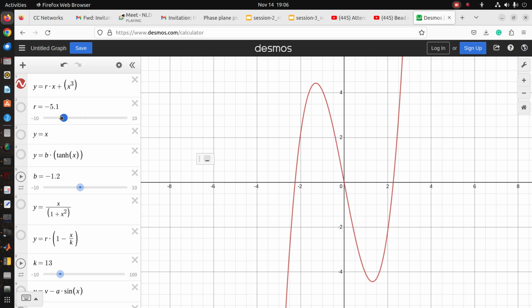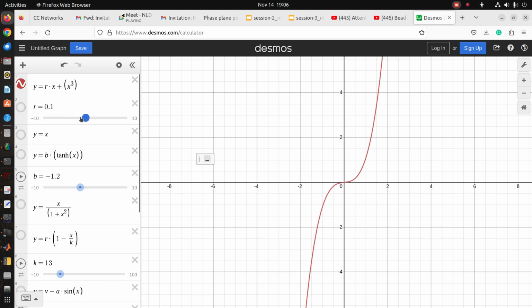So when R was less than 0, you were seeing that, and when R is equal to 0, you observed that the system had only one fixed point. Now the system is here, it's negative, so it should move to the left, and this is the fixed point which we have.